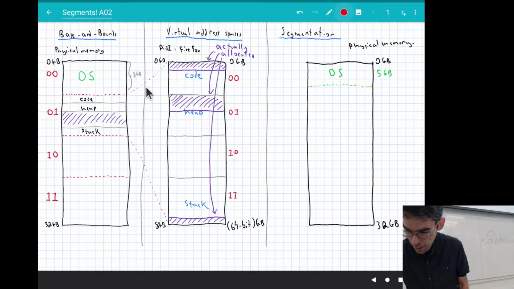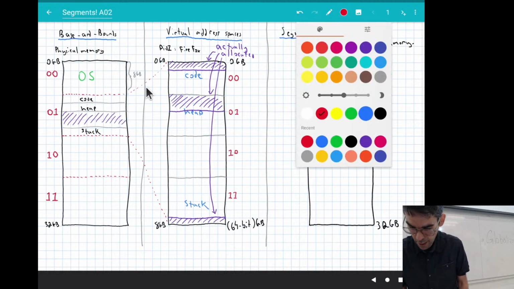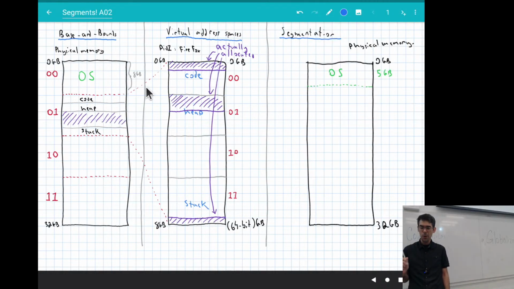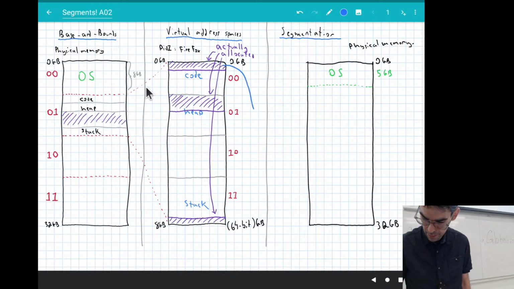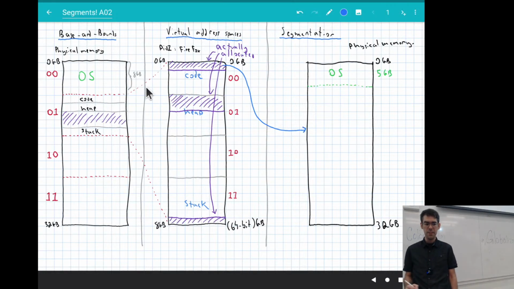I'm going to take my partitions that I've got here, and I'm going to allocate only the part of the virtual partition that has actually been used by the process. So when I start up Firefox, I'm going to take the part of the code segment that has actually been used, and I'm going to stuff it somewhere into physical memory.